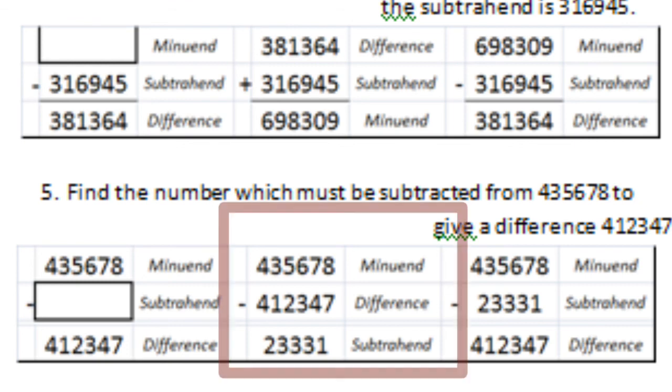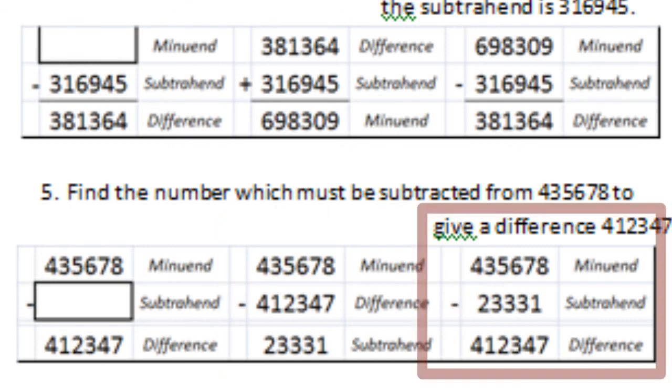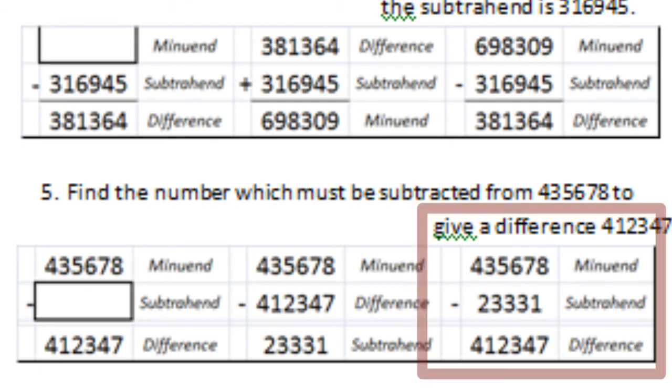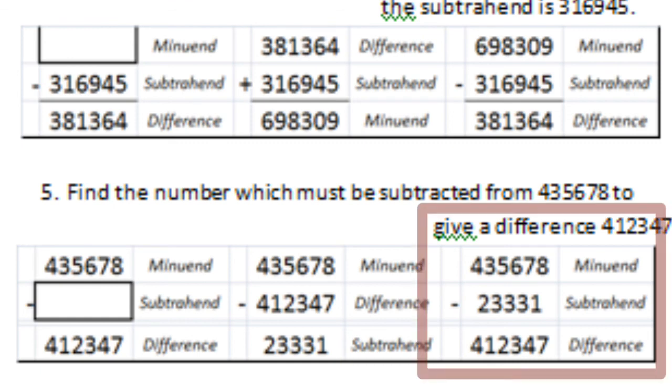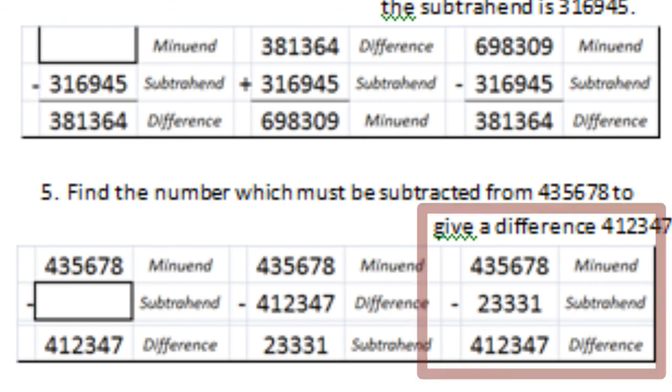So the answer is 23,331. Okay. That is, the number 23,331 must be subtracted from 4,35,678 to get the difference 4,12,347. Okay. If there is any doubt, again you ask it.